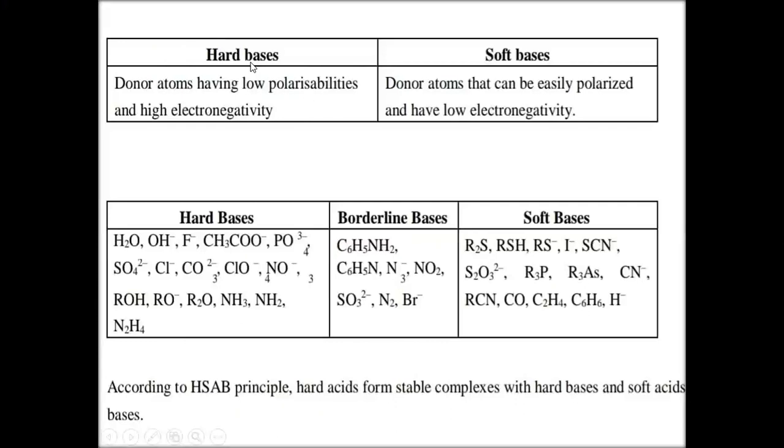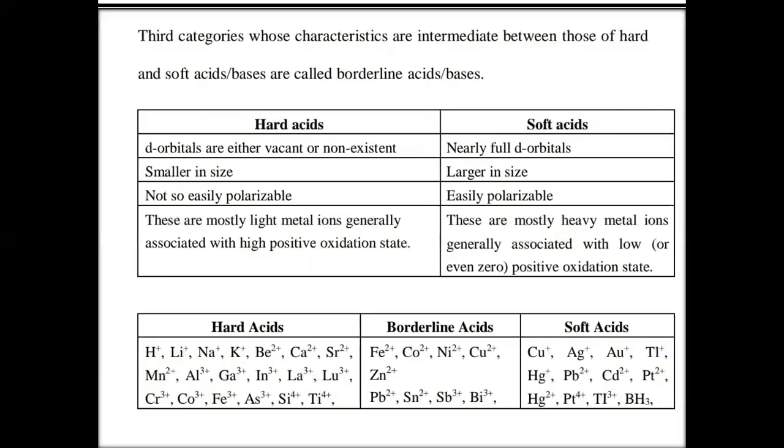In hard bases, the donor atoms have low polarizability. They have high electronegativity, so the polarizing power is less and electronegativity is high. These are small in size.